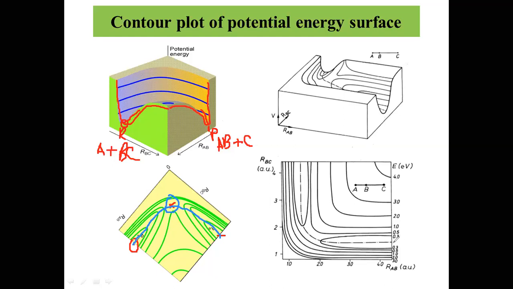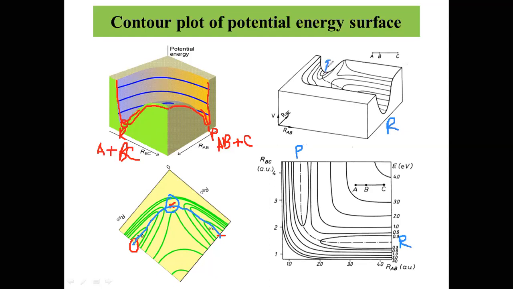And AB should be high, so that means the AB distance is higher. So my reactants are here. And this is the path, and this is basically the products zone.